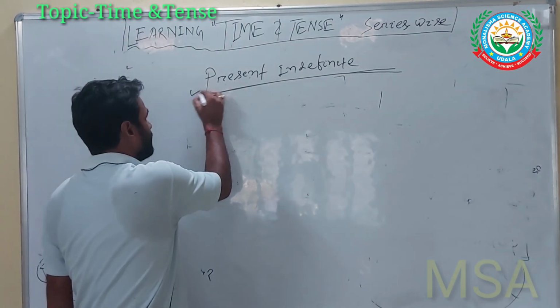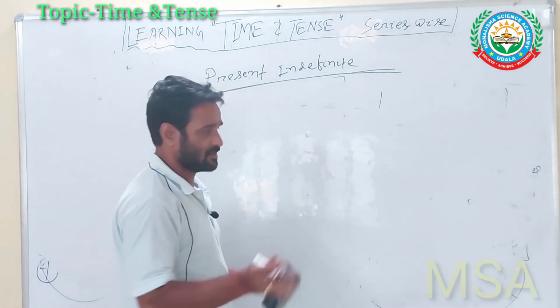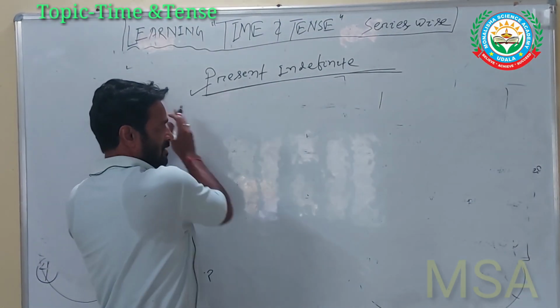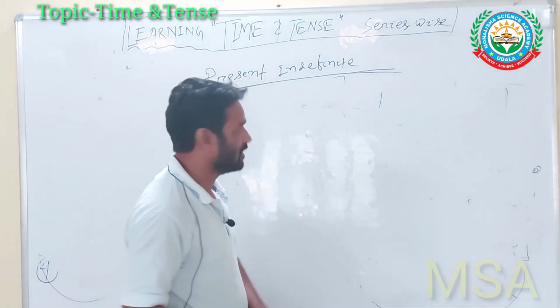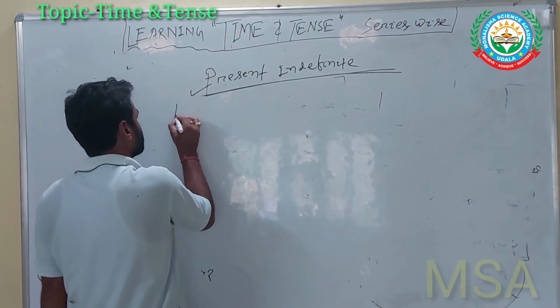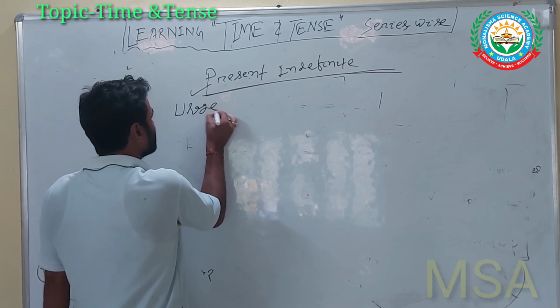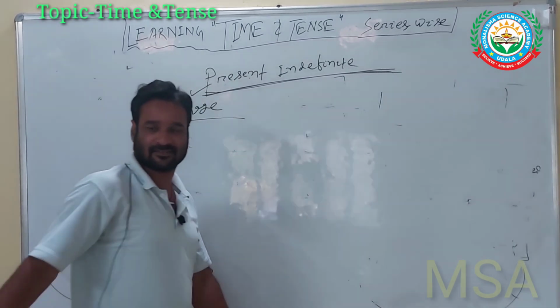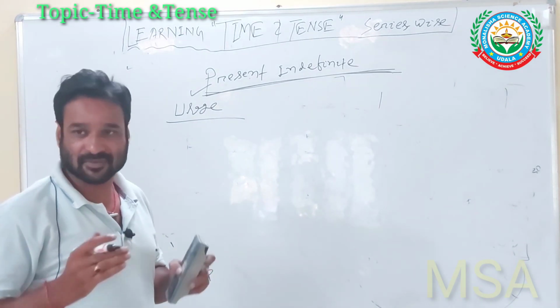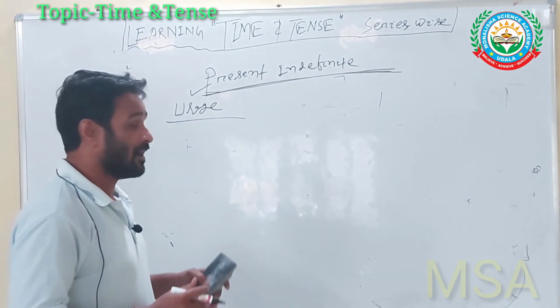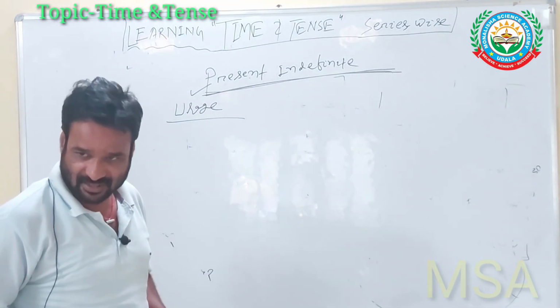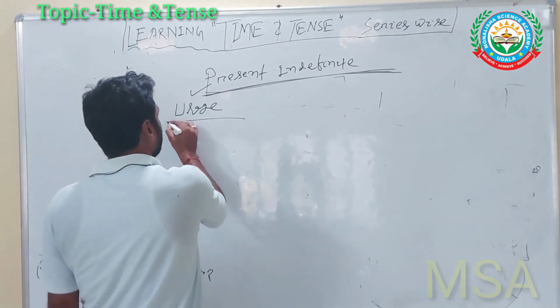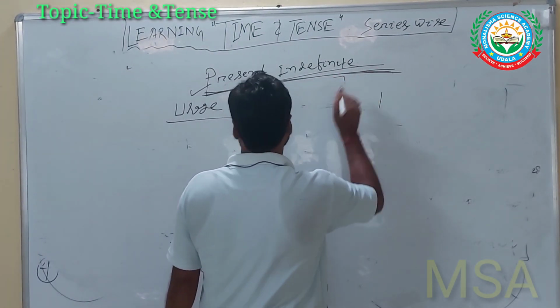I have told you about the structure, the active voice structure and the passive voice structure. Now let's know about the uses of present indefinite. Under what circumstances, what are the conditions required for the use of this tense?